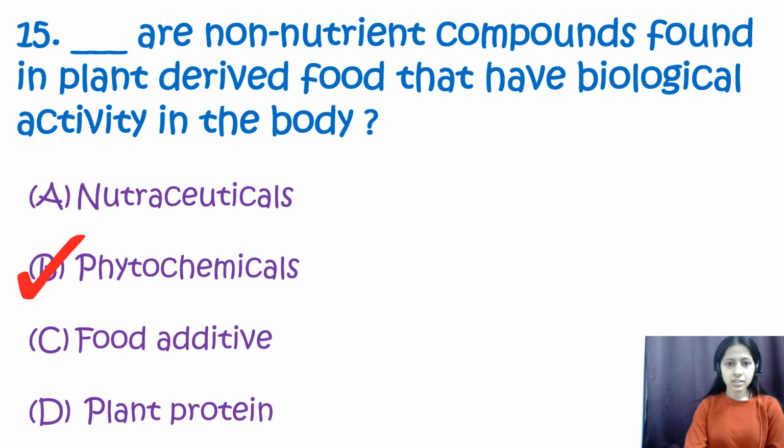These phytochemicals are not considered essential nutrients, but they show a variety of biological activities in the body, which can include antioxidant, anti-inflammatory, or anti-cancer effects. So the correct option is option number B, that is phytochemicals.